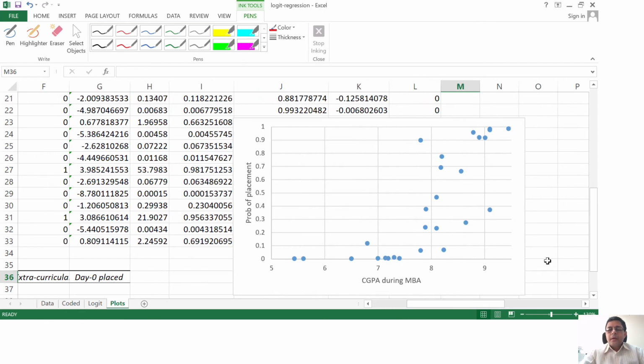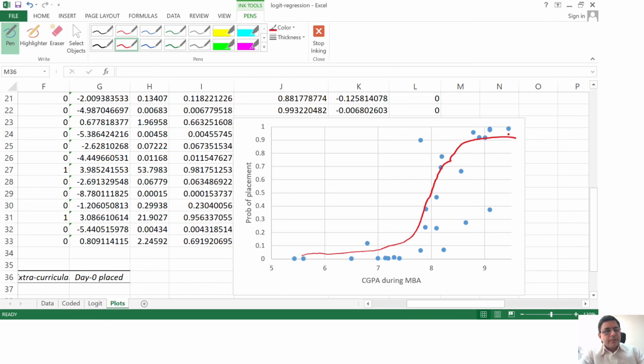Take a closer look at this, and clearly we seem to be able to see that when the MBA CGPA is low, the probability that the student will get placed is low. As the CGPA increases, there seems to be a sudden spike, and obviously it is a probability, so it has to taper off at 1.